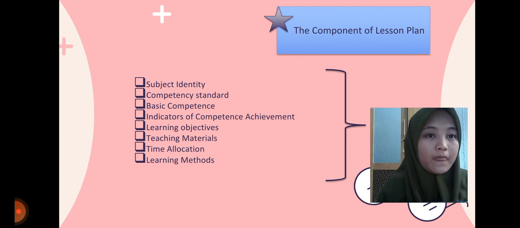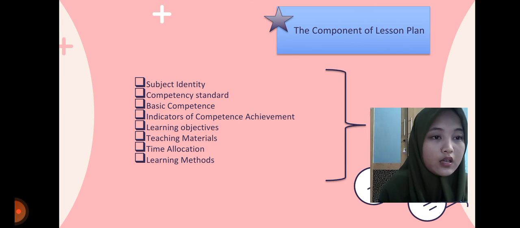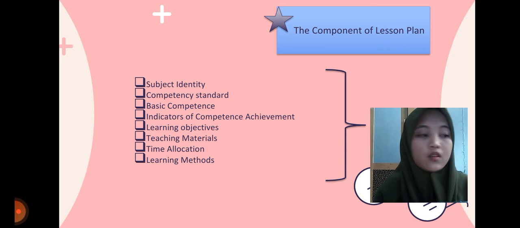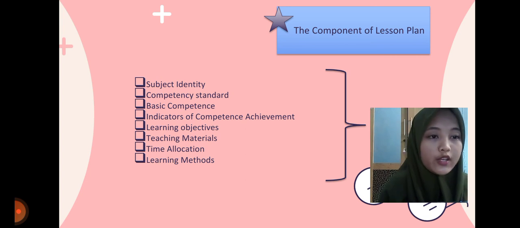This is the component of lesson plan. They are 8 components of lesson plan. First, subject identity includes educational units, classes, semesters, skill programs, subjects or a theme, and the number of meetings.